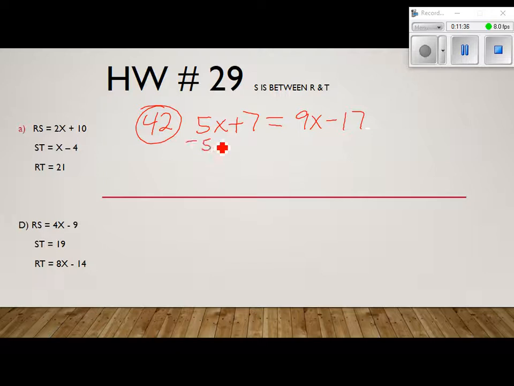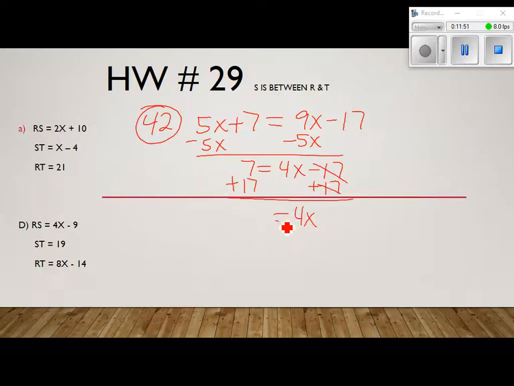First thing you do is subtract 5x on both sides. 7 equals 4x minus 17. Add 17 on both sides. You end up with 4x equals 24. Divide by 4. X equals 6. Is that right? Now I had somebody yesterday ask me, let's just look at 43 because maybe that was the one.